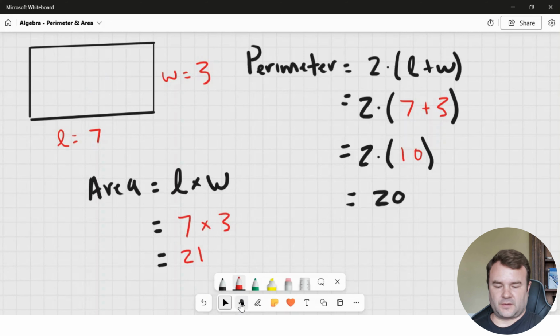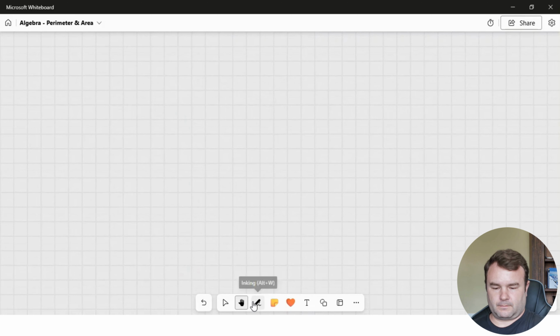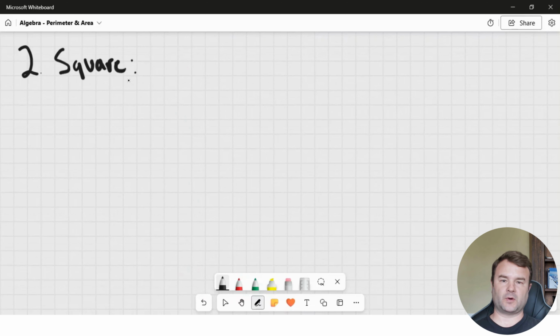Now let's go ahead and do this for a square. All right, so number 2. So a square, very much like a rectangle. I'm sure you guys have heard this before and already understand what a square is, but for thoroughness, let's go ahead and define it.